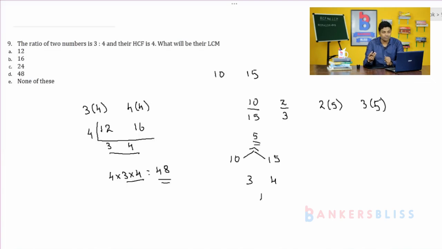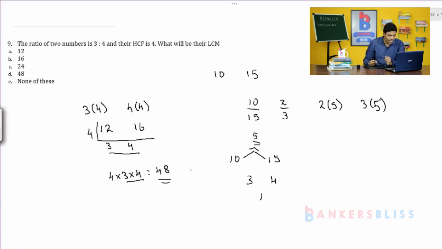If this is the case, then these two numbers are said to be co-primes. If the numbers are co-primes, then if we multiply those two numbers, we definitely get the LCM.